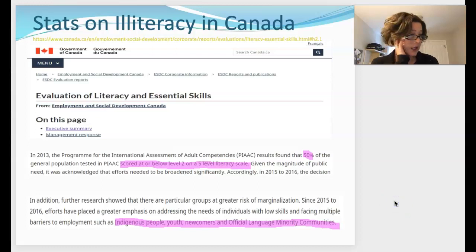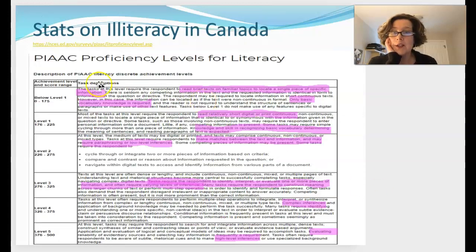However, let's look here at what level 2 is on the 5-point scale. So level 1 is they can read brief text on familiar topics to locate a single piece of specific information. Think about how many texts or emails or websites you have looked at today, and could you have actually understood what was going on if you could only locate a single piece of specific information?